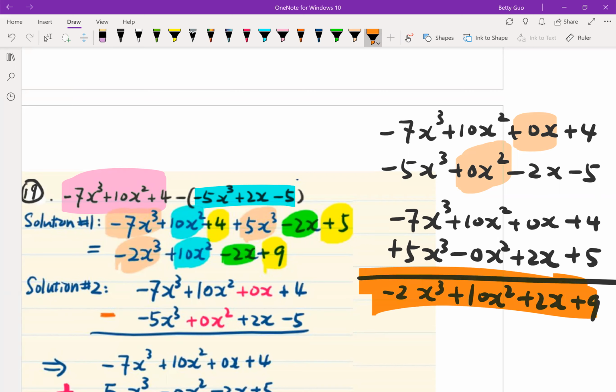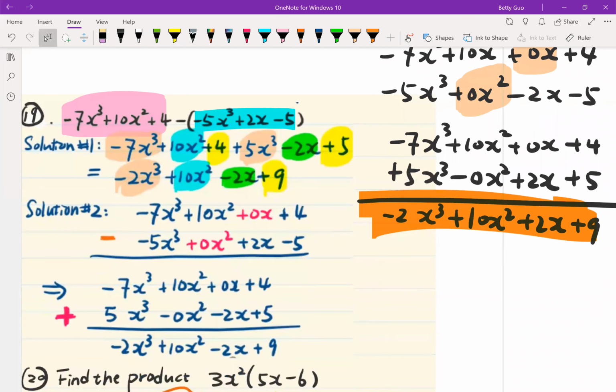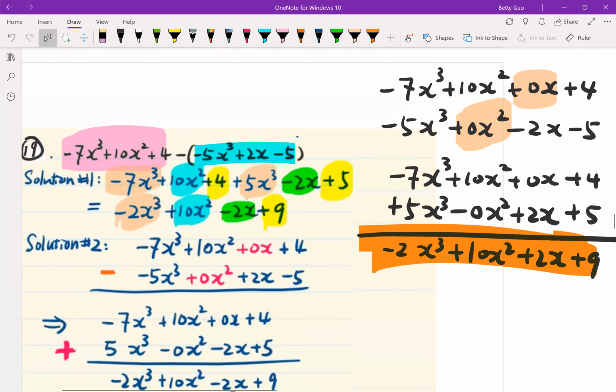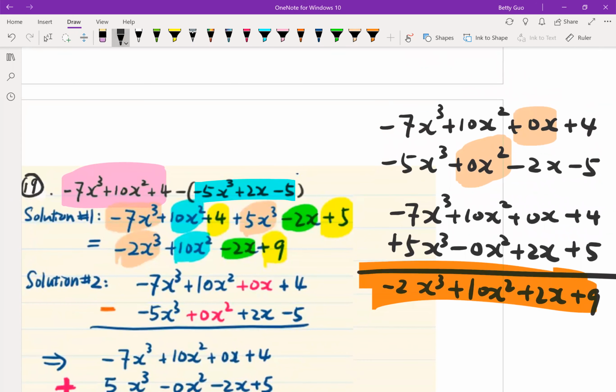Okay? So if you choose to use the vertical method, did I write something wrong? Oh, okay, sorry, my bad. So here is a positive 2x. -5x cubed plus 2x. So here it's going to be negative.